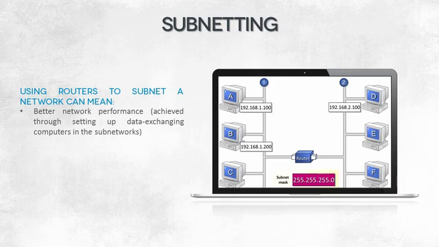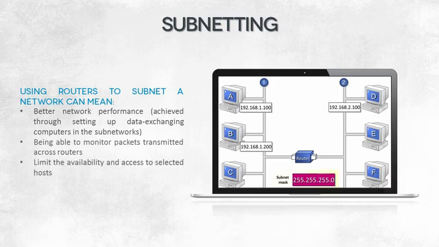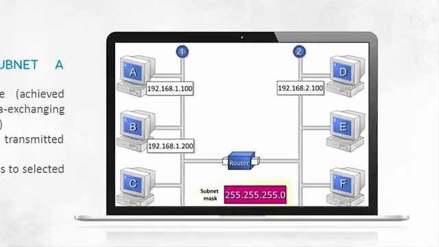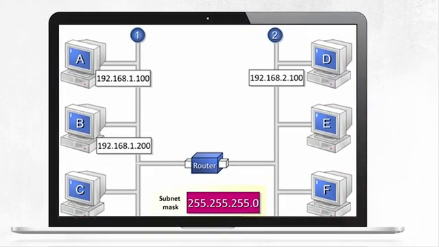It needs to be divided into smaller segments. It will allow us to monitor packets sent over a network, and in particular, to control the availability of selected hosts. If you use firewalls to create subnets, then computers in subnet A will be available only for trusted hosts located in subnets B and C.